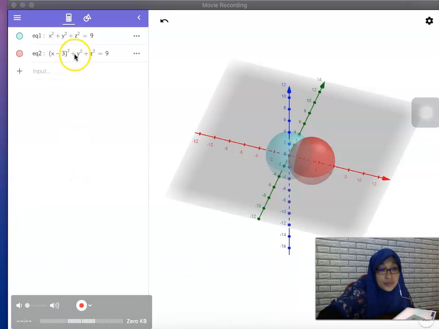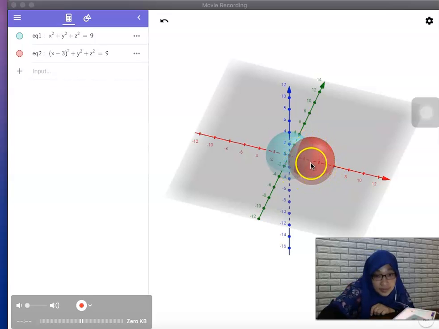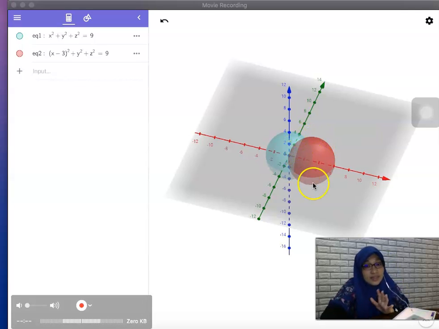Now you can see that the original circle is moved to another, the same direction, the same size, but now the center is different, where the center shifted along x about 3 units to the right. That's why you can see the first one is in green, the second one is in red. The center is at 3, somewhere here, and 0, 0. The size is still the same.